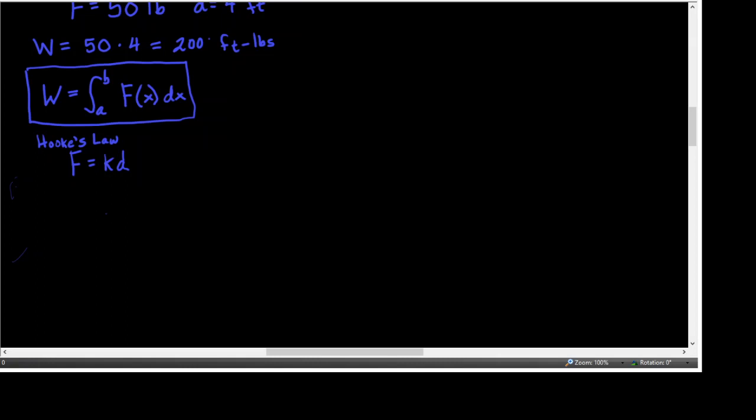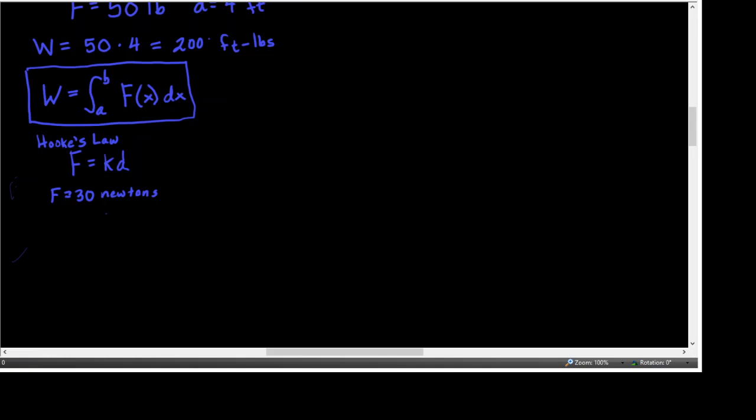All right, so let's do a Hooke's law problem as an example and see where that gets us. We're told that a force of 30 newtons compresses a spring 0.3 meters from its natural length of 1.5 meters.